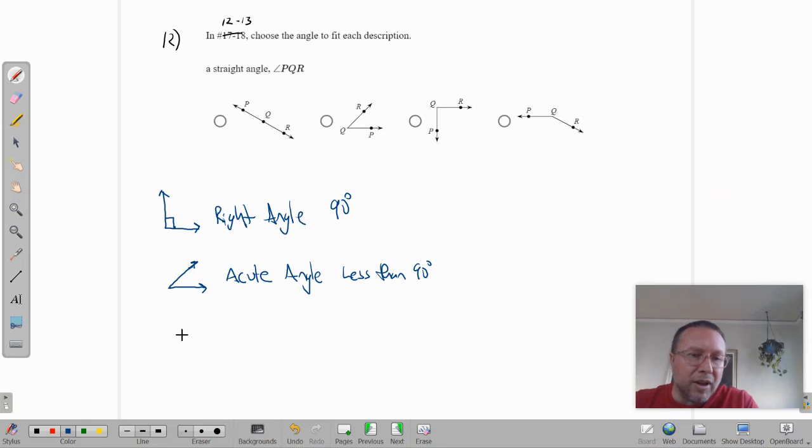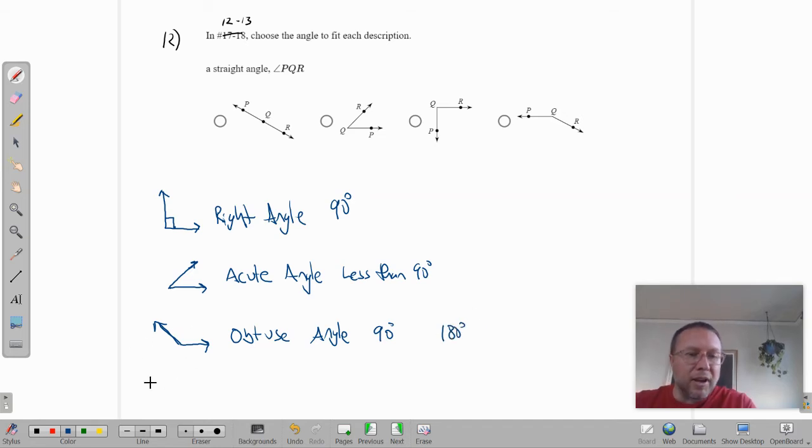And if you have an angle that is greater than 90 degrees, we call that an obtuse angle. That would be between 90 and 180, so bigger than 90 but less than 180.